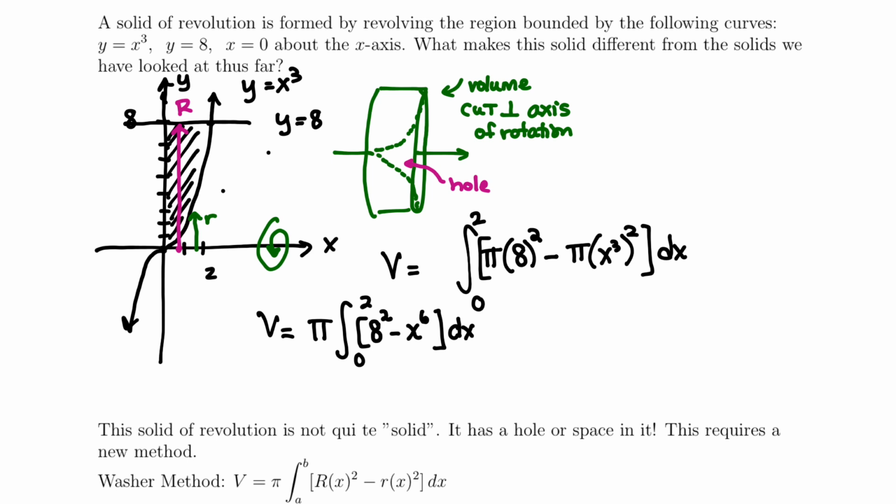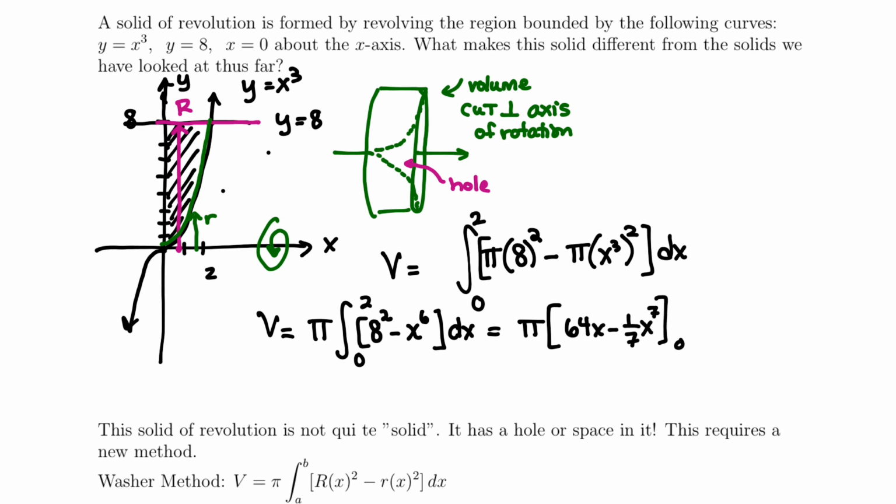And so that should be your setup. Your big radius is the outer curve, which is y equals 8. Your little radius is that inner curve there, which is y equals x cubed. And then when you put it all together, you're going to have pi, and that's going to give you 64x minus 1/7 x to the 7th.